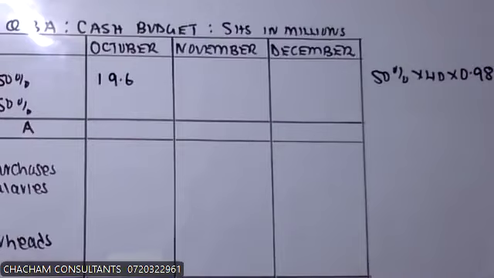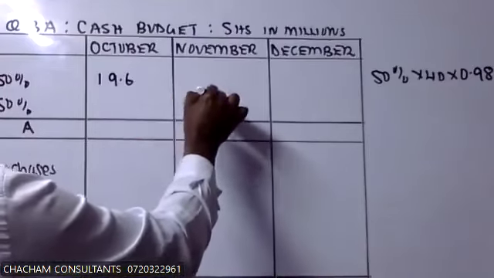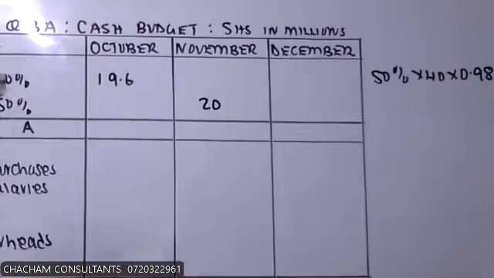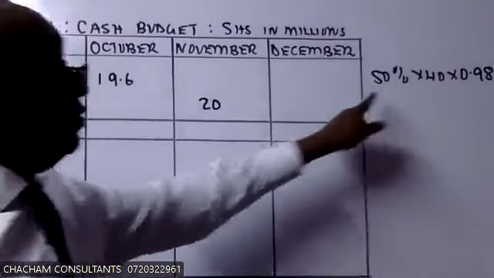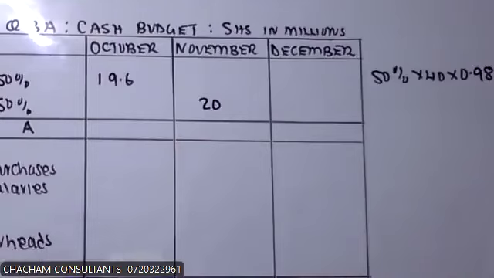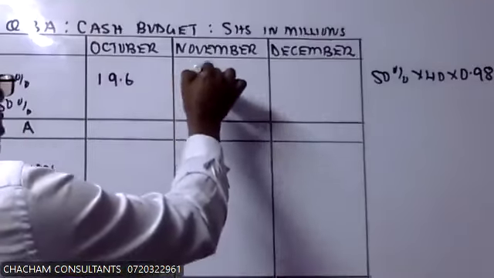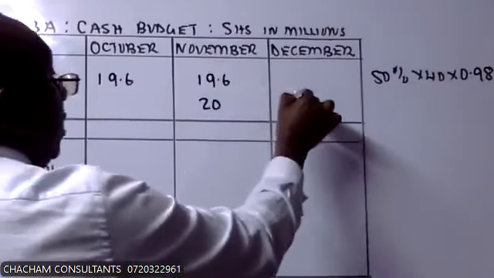The remaining 20, that is 50%, will be payable in November. Those who pay after 1 month don't get the discount. Then the same will happen for November, so we will have this 19.6 and 20 here.